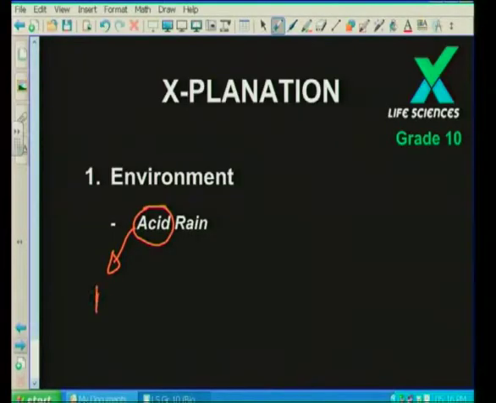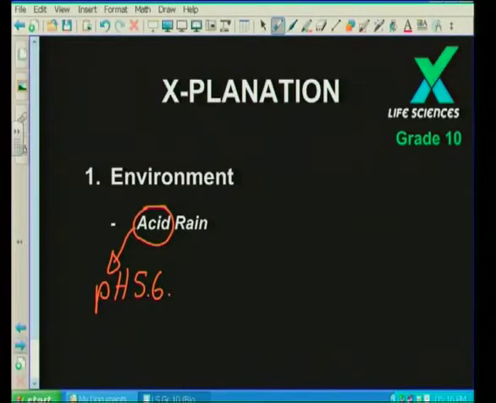Now, acid in rainwater is not such a good thing. We measure acidity as pH. This you do more in science, but the pH of rainwater is around about 5.6. That's slightly acidic. So rainwater is not neutral, not alkaline, it's slightly acidic.